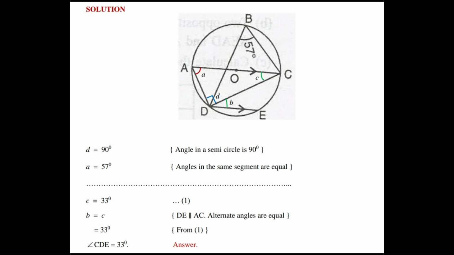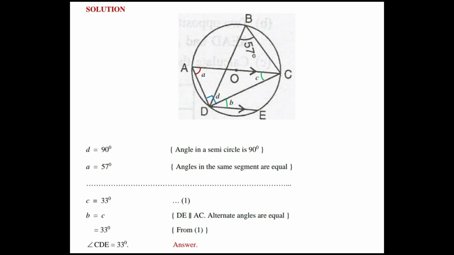Angle ACD I am calling C. So A, B, C, even D also. Angle ADC I am calling D. Okay, so everything is clear in the diagram, in the figure.